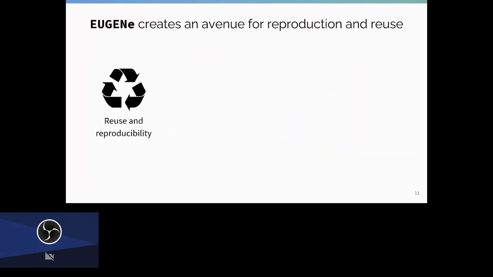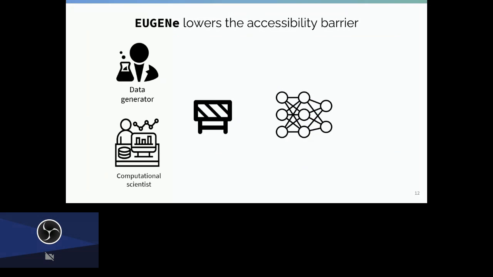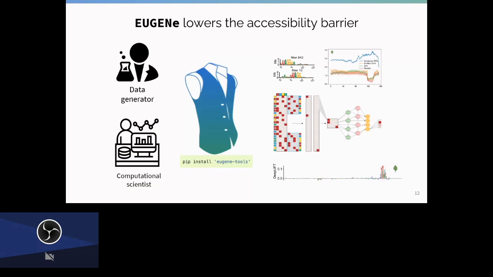In practice, these features make EUGENE a great tool for improving reproducibility and reuse, which we highlight in 3 diverse use cases in our preprint, and many more in our dedicated use cases GitHub repository. By aggregating all these methods and models together in one modular, easily accessible, and user-friendly tool, EUGENE lowers the barrier for both data generators and computational scientists to access these methods.